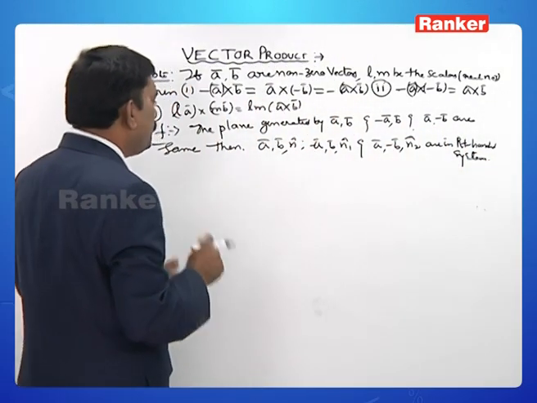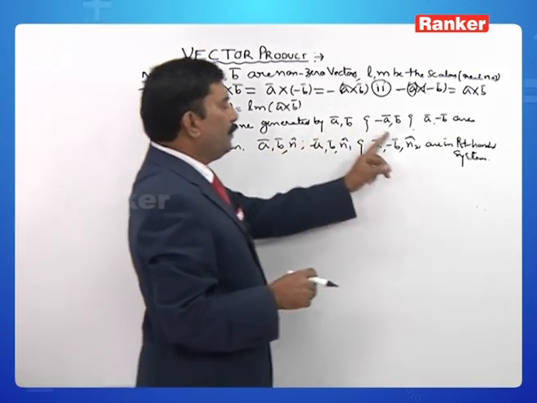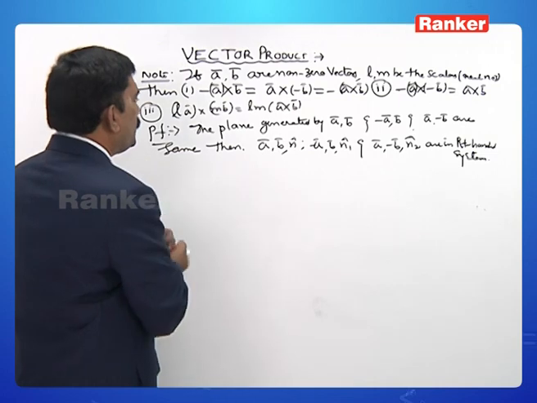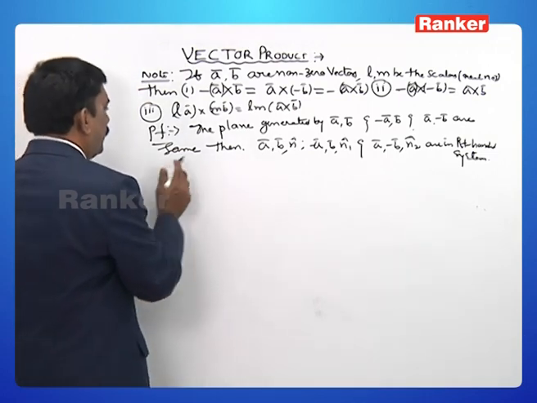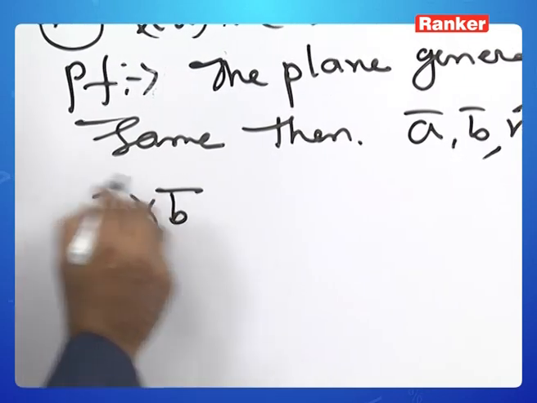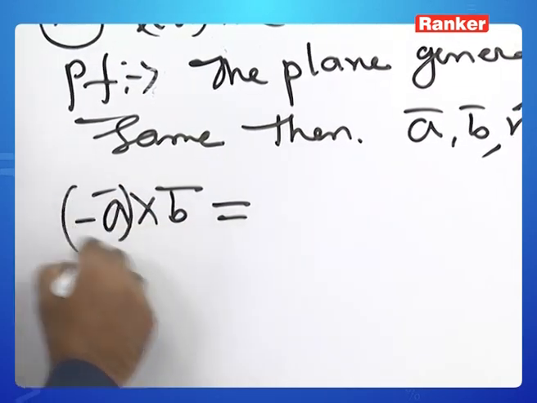Right-handed system. It means that all are in what? Right-handed system. Let us see how they are equal.